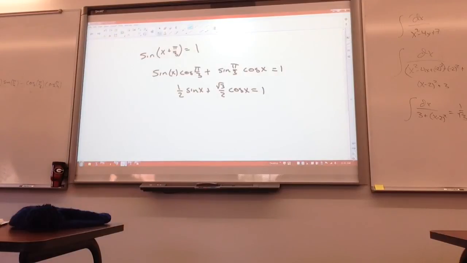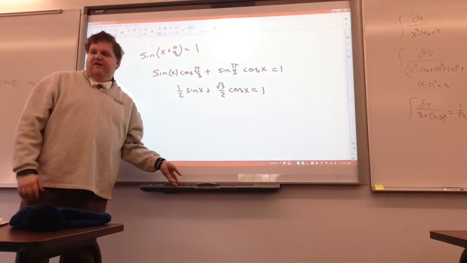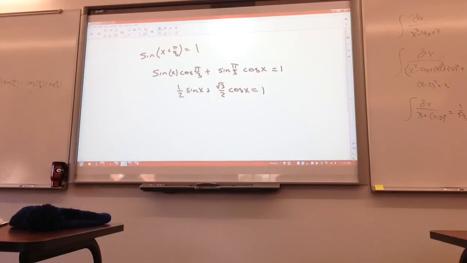So I would graph this if I really needed to figure it out, or do what I did in the beginning: look at the unit circle and figure out what that is. Another thing I could do is try to get one of the terms by itself and then clean things up that way, and get this into a fraction or something. Any questions there? All right, good.